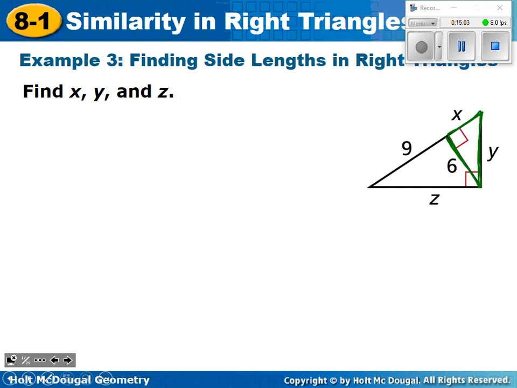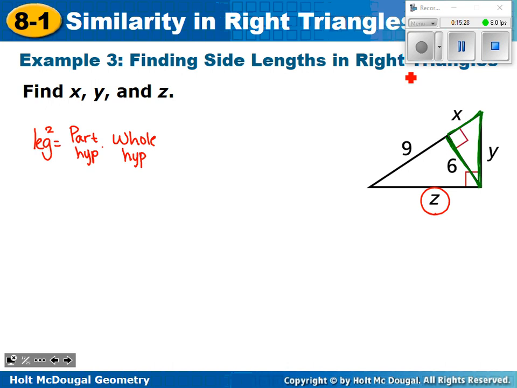So which one do you want to try to find first, X, Y, or Z? Z, okay? So if I'm doing Z, Z is a leg, right? Agreed? So remember the rule is leg squared equals part of the hypotenuse times the whole hypotenuse. Write it down. The more you write it, the more you say it, the more it's going to stick in your brain. Okay?